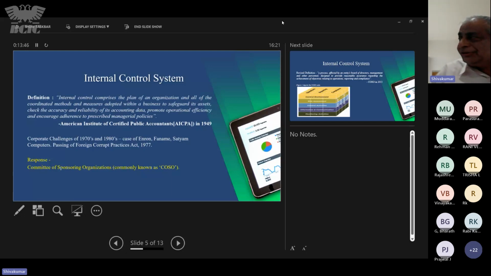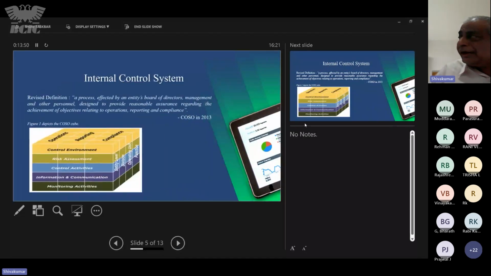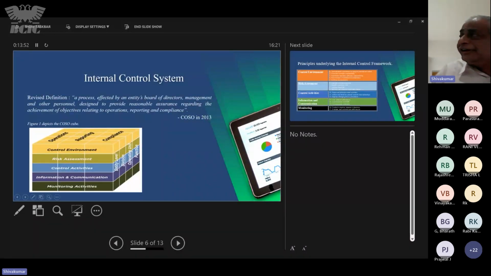In the year 2013, COSO came out with a revised definition of internal control. That is, internal control is a process effected by an entity's board of directors, management, and other personnel designed to provide reasonable assurance regarding the achievement of the objectives relating to operations, reporting, and compliance.